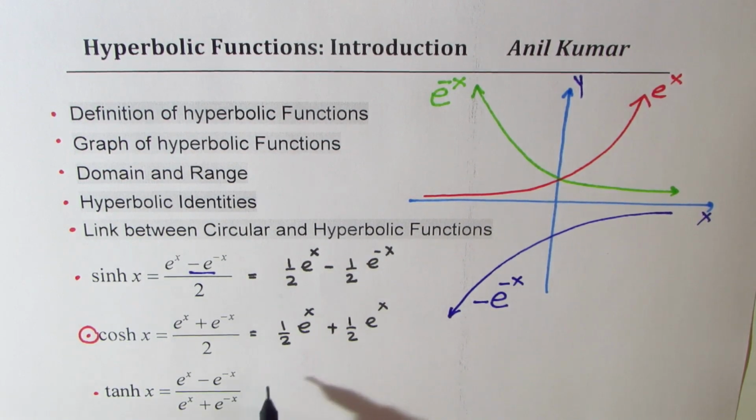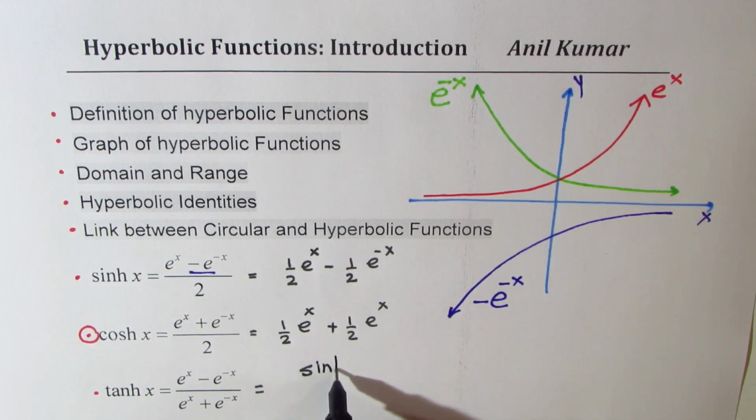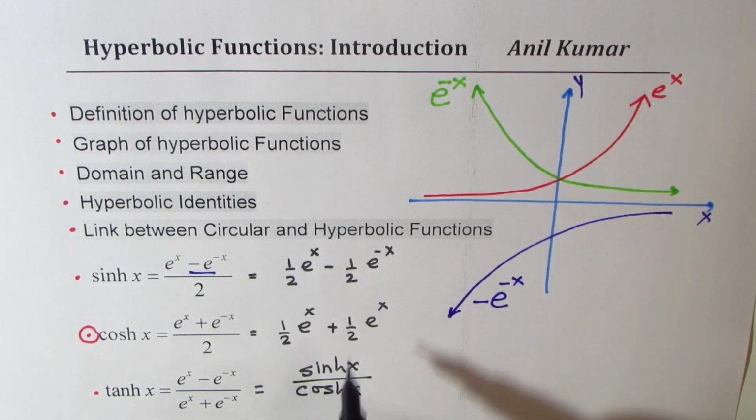And as far as tan hyperbolic x is concerned, we'll treat this as sine hyperbolic x over cos hyperbolic x. So that way, they are very similar to trigonometric functions as far as operations are concerned, correct?